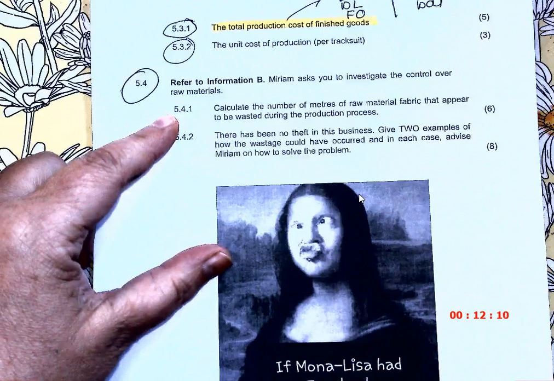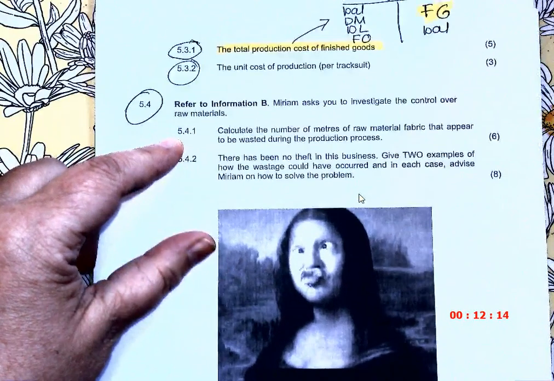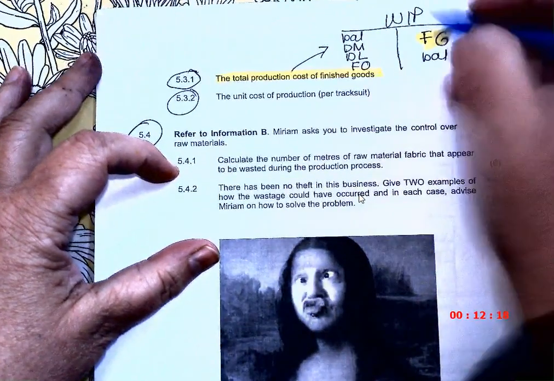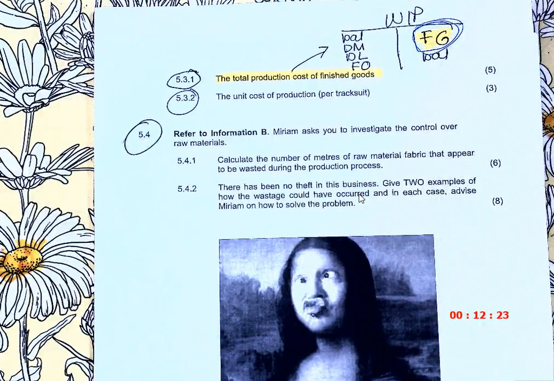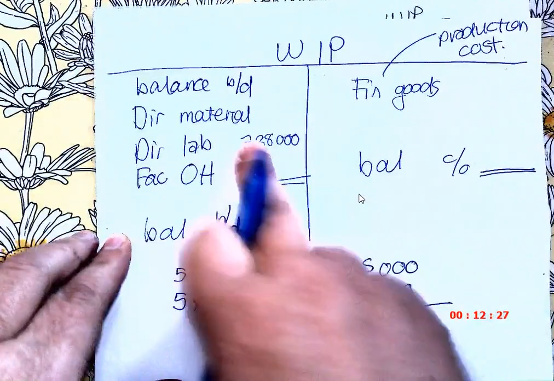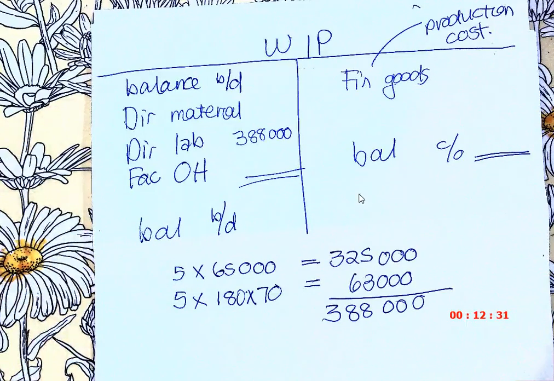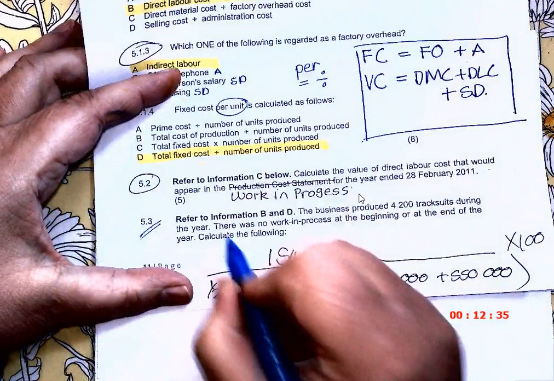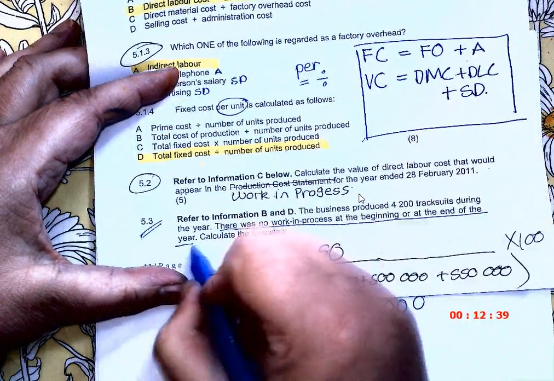The total production costs of finished goods. And I said to you, if you do the work in process, it's that guy there that we want to calculate. Right? So now if I look here, I got the labor, I short the rest. If you look here, they say there is no work in process in the beginning or the end of the year.